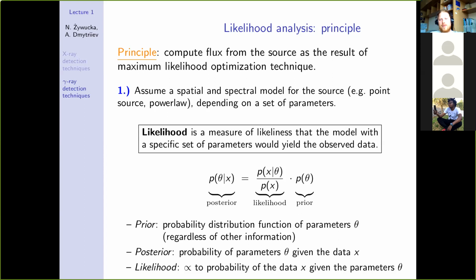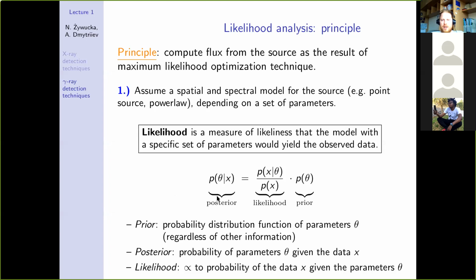So it's when we try to evaluate how likely our hypothesis is given specific data. It's a measure of the likeliness of the hypothesis that the observed data can be generated from a specific model with specific parameters. The mathematical formulation is that there is a prior probability, which is what we assume. Okay, the coin is fair or whatever.